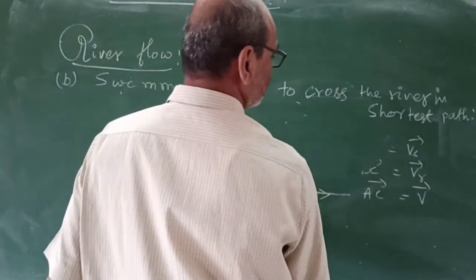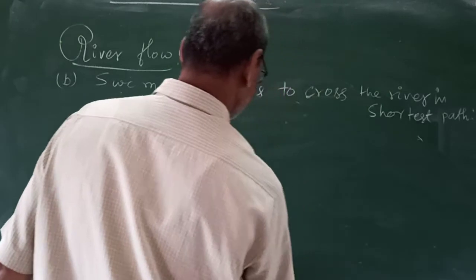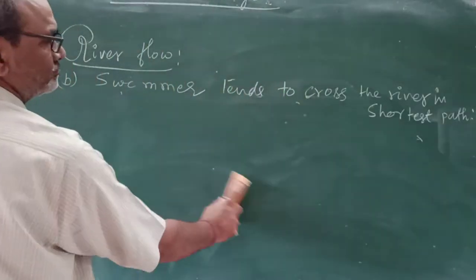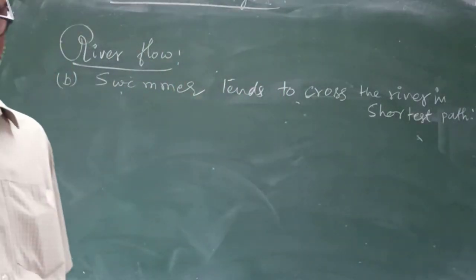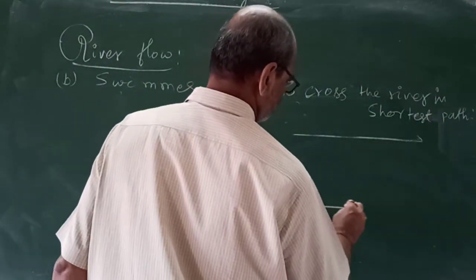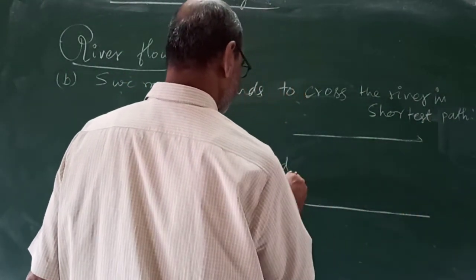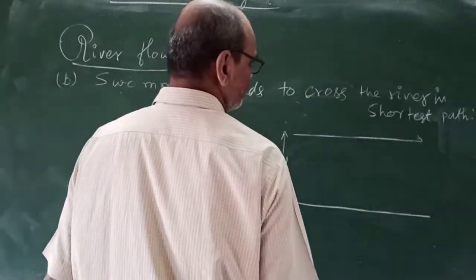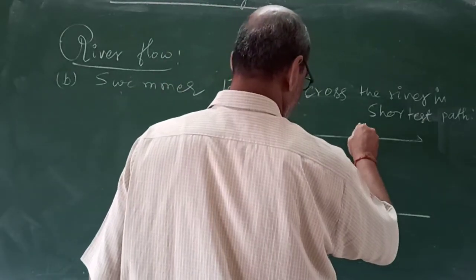Now we have this diagram for the shortest path. Draw a diagram of the river. D is the width of the river.